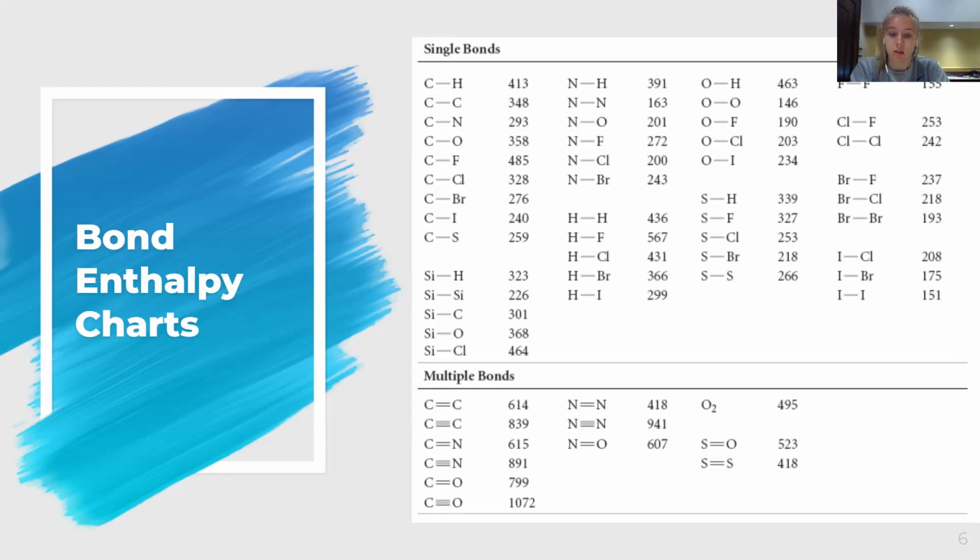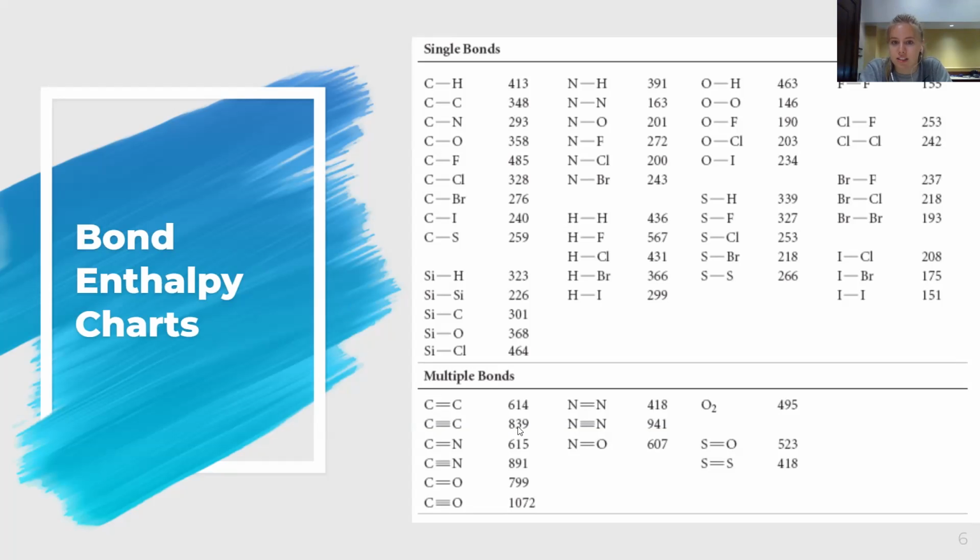Another thing I want to touch on before we leave to the next slide is this idea of multiple bonds. This can be super confusing, but notice that this carbon-carbon bond is a double bond. But if you go up to the single carbon-carbon bond, it's 348. So naturally you'd assume, well, just multiply that by 2. However, you can't do that because of the reaction and their connection. They have a naturally stronger bond because it's a double bond, and so their enthalpy is actually going to be different. You can't just multiply 348 by 2 because you're going to get a wrong answer.